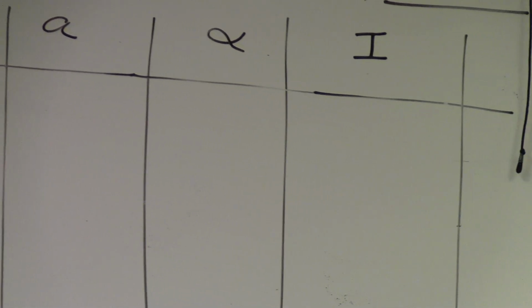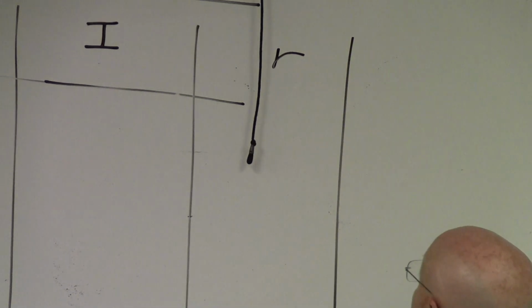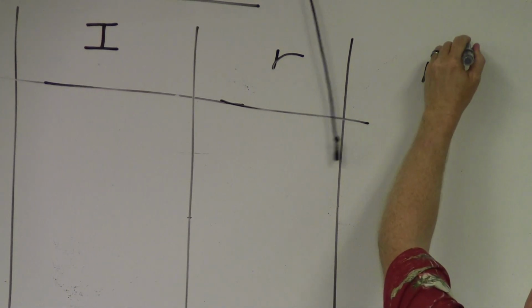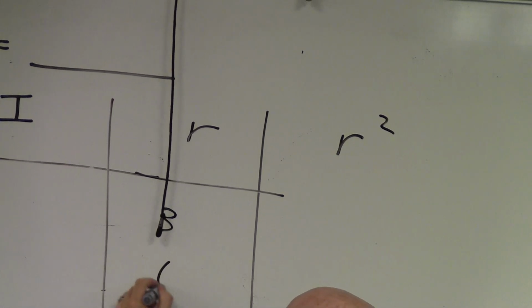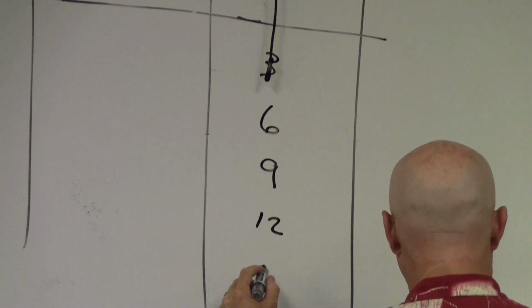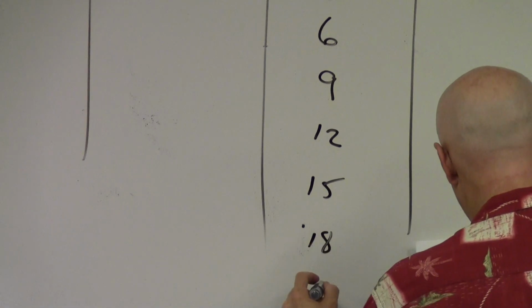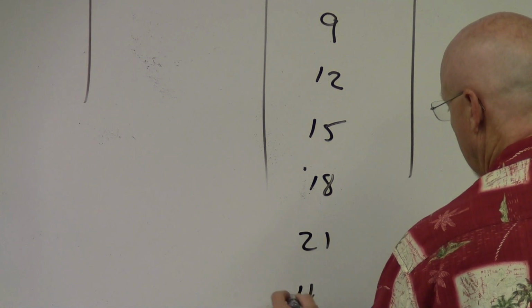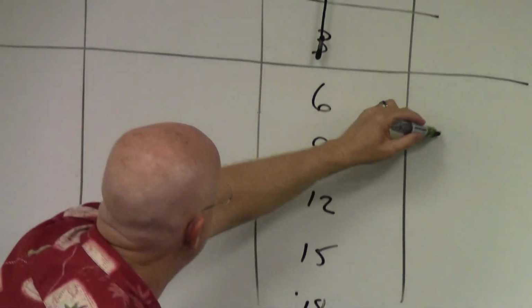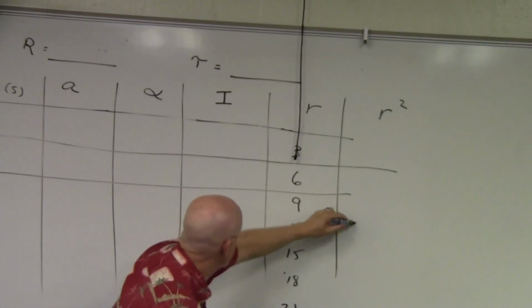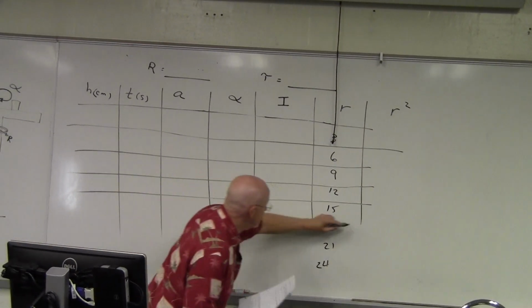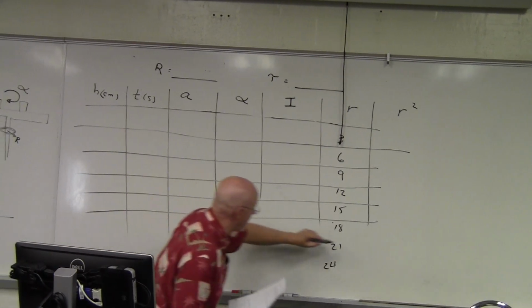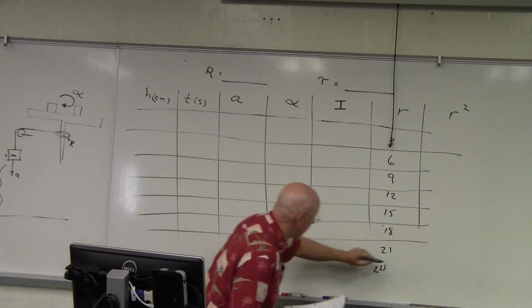Now, if you look at the table, there is a lowercase r. There's even a lowercase r squared, more on that in a minute. But you'll see here a 3, a 6, a 9, a 12, a 15, an 18, a 21, and a 24. And this lowercase r is the distance that those square weights are from the rotational axis.